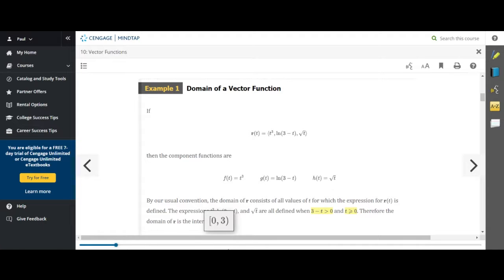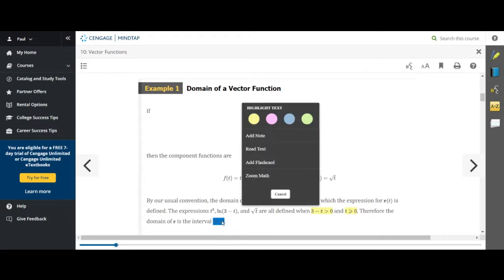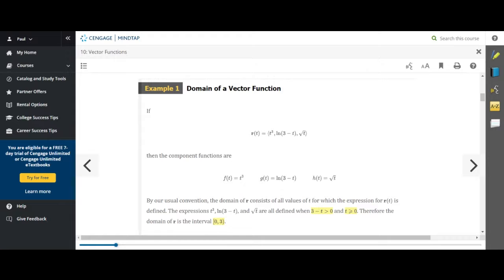And therefore, the domain of this position vector r is 0, including 0, to 3, and it's open at 3. It includes t equals 0, but doesn't include t equals 3. So that's the domain of a vector function. Are there any questions on that?